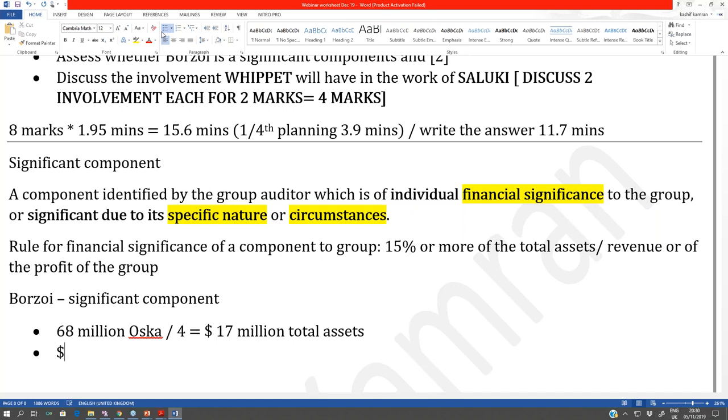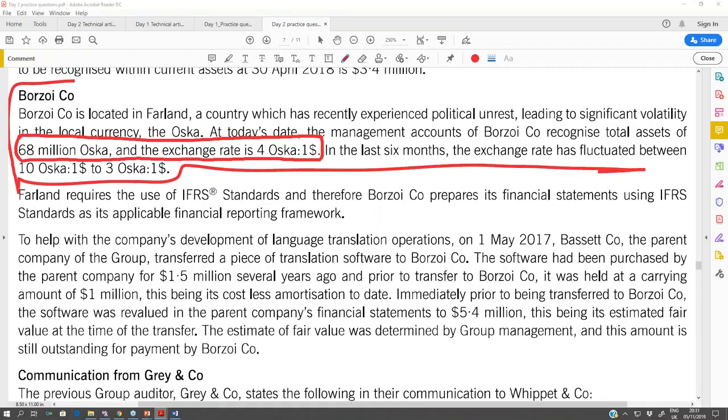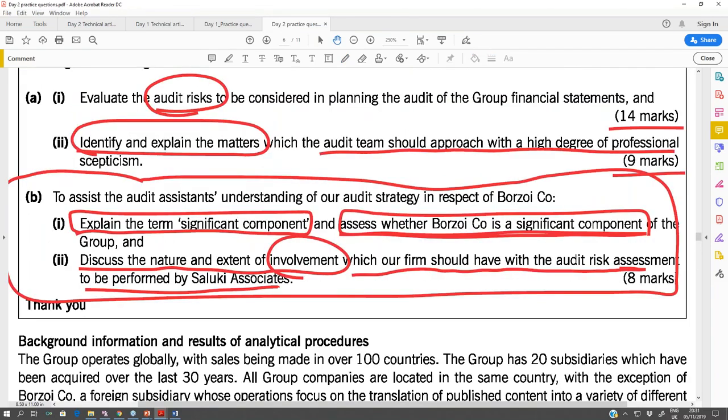Now you divide the $17 million assets for Borzoi by the group total assets. How much is the group total assets? Let's find the group total assets. Let's see, have they been given in the introductory paragraph?